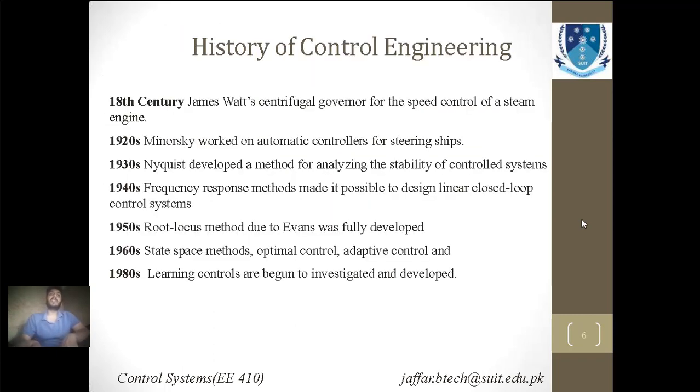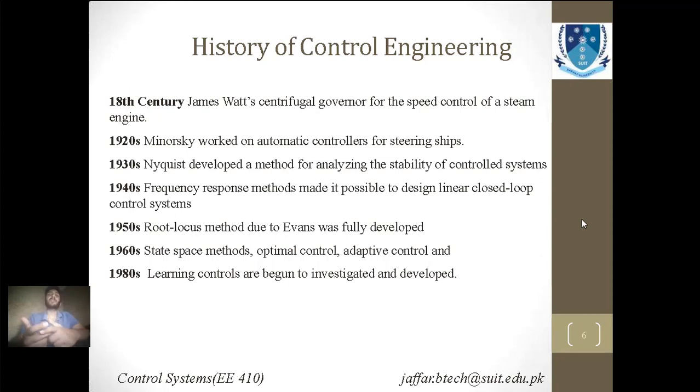Now this is basically a brief history, and I have only shown some of the landmarks that were achieved in the history of control engineering. It all started in the 18th century when James Watt, the inventor of the centrifugal governor, controlled the speed of a steam engine.